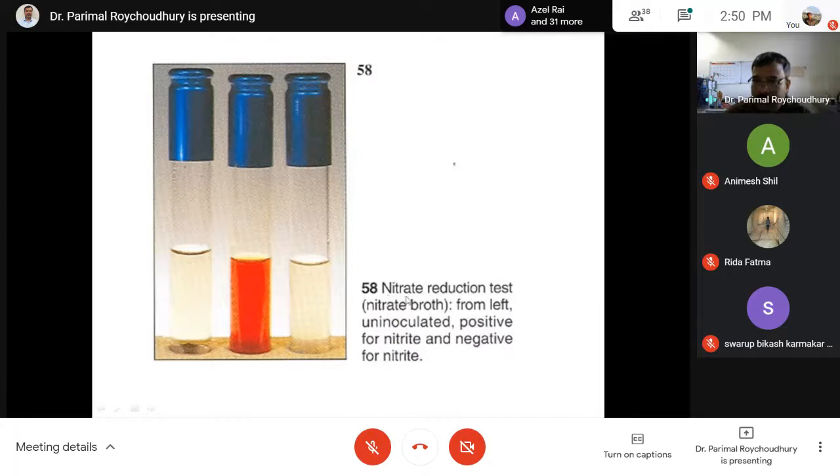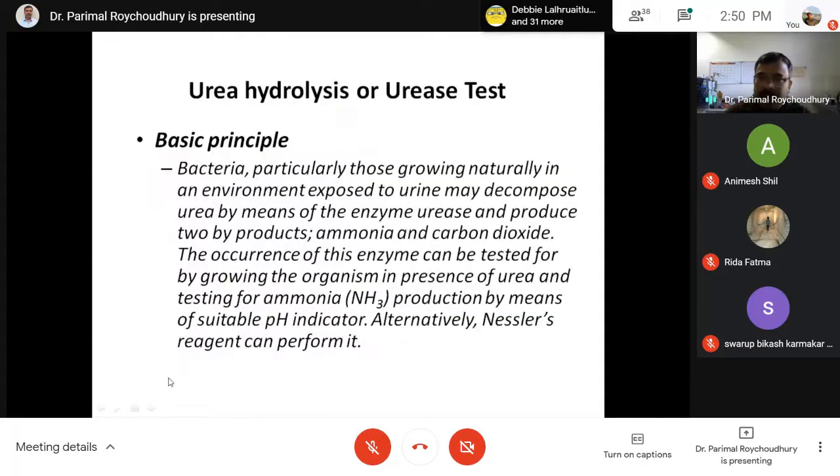Okay, so nitrate reduction test, from the left: uninoculated, positive for nitrite, and negative for nitrite. Here there is no conversion, and here conversion takes place. These are some easily performed tests in laboratory conditions, and routinely people use this kind of test for identification.